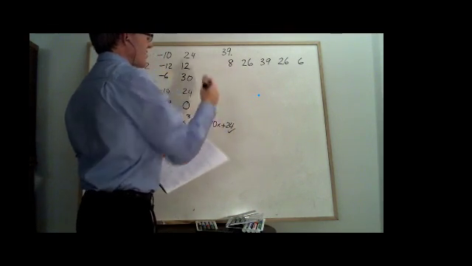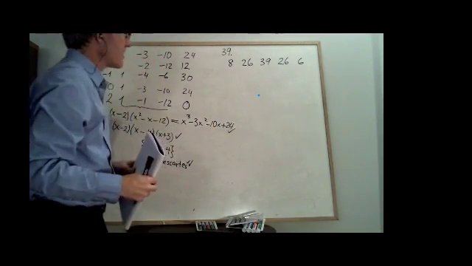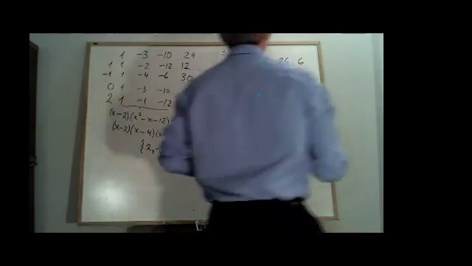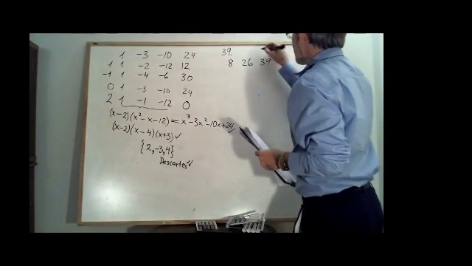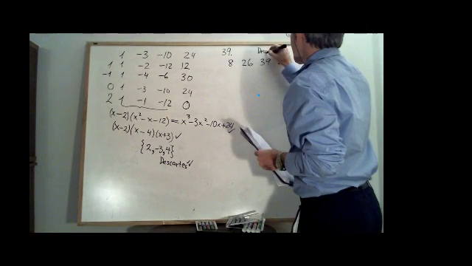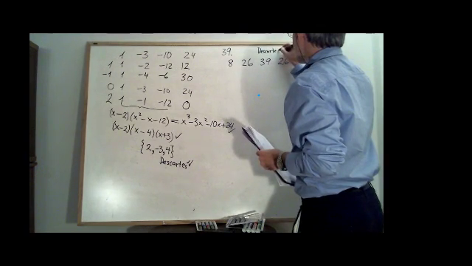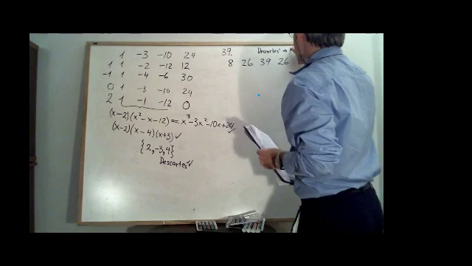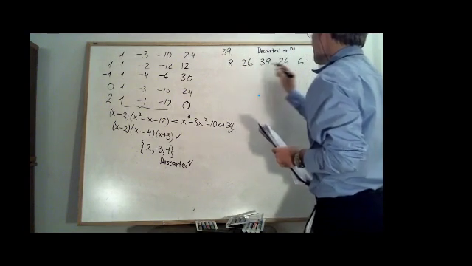By the way, what does Descartes' rule of signs say? Descartes says, how many positive real roots are there? None, because there are no changes of sign as it is written.